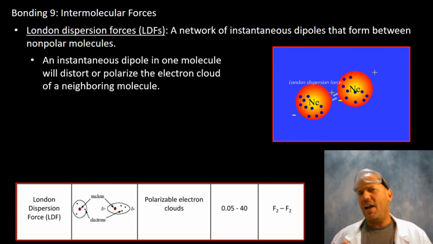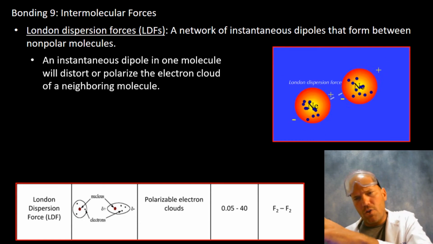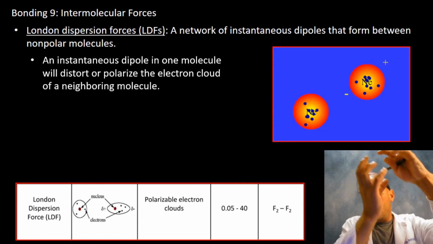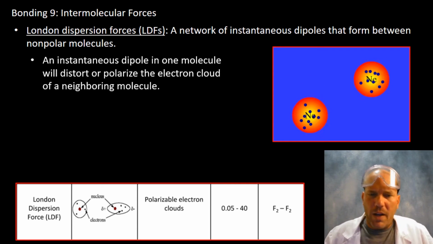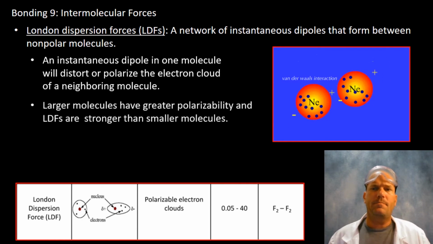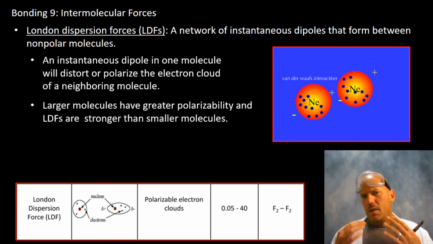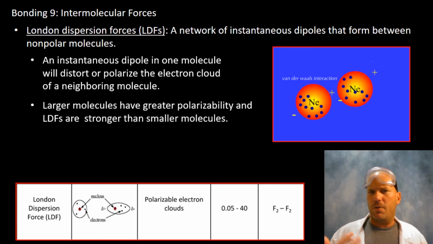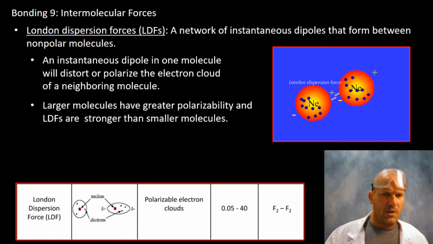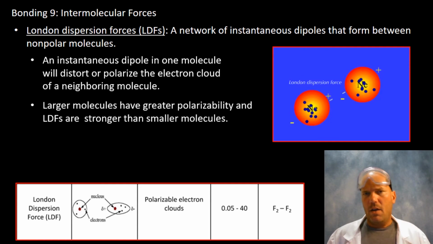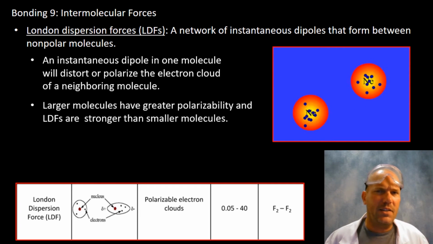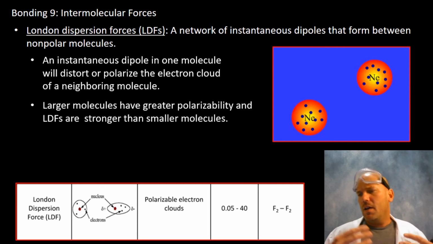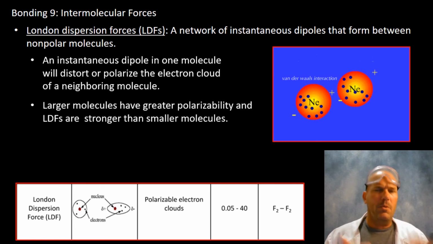Polarizable means that we're able to draw more electrons over to one region, creating a greater dipole. So the larger the molecule, the greater the LDF, because of the greater polarizability of those larger molecules. We're going to talk about this in the next video when I talk about relative melting points and boiling points and things like that.